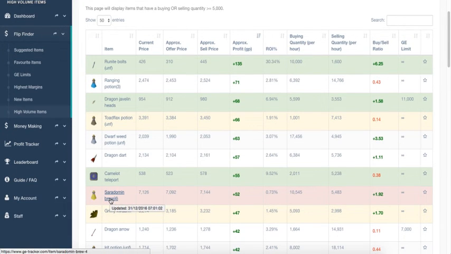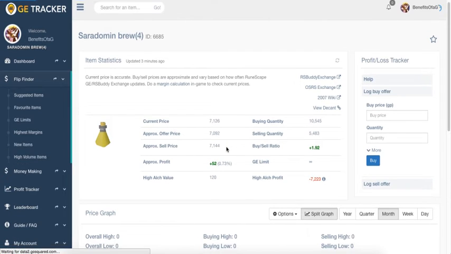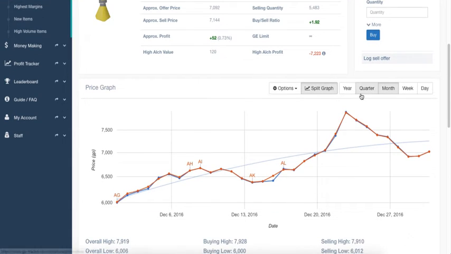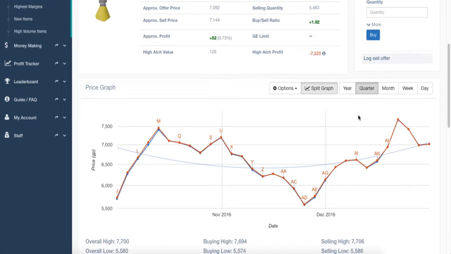So if we look down here, I might just go to the Saradomin brew. We might just invest the rest of this into Saradomin brews, because they're quite pricey for my cash stack. And they did see a pretty significant price increase lately because of raids.